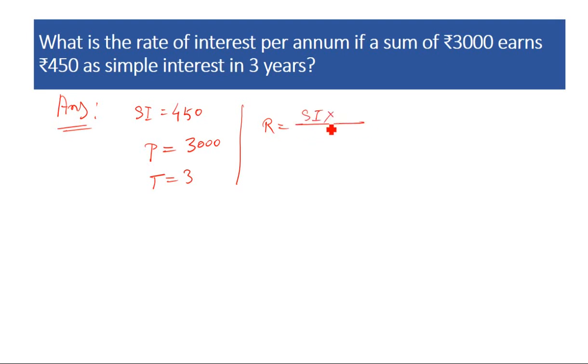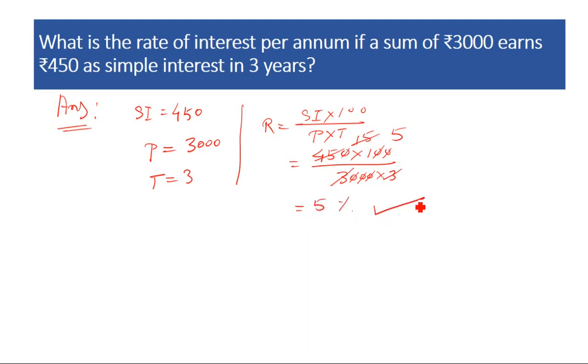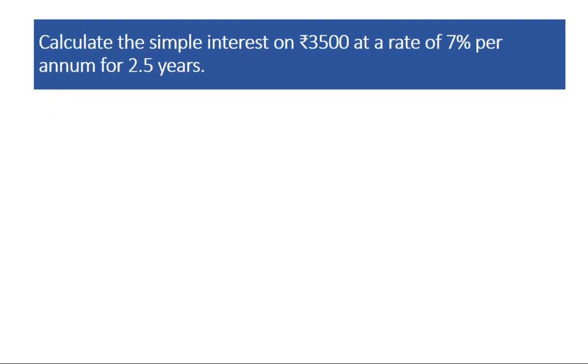R is equal to SI into 100 by P into T. 450 into 100 by 3000 into 3. 5% is the correct answer.